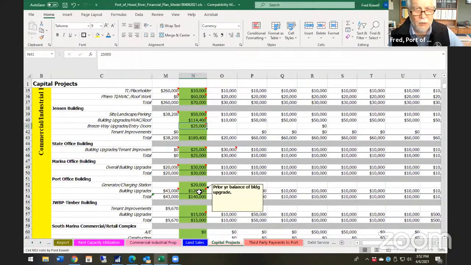Other people call it the chamber building, but I think everyone uses different terms for that office that's right south of the marina. So the port office, we're carrying over some of the $120,000 that was budgeted this year, carrying some of that over to next year for just the upgrade to the building.